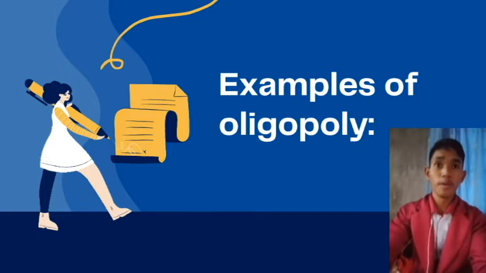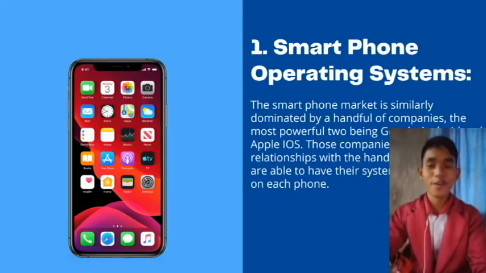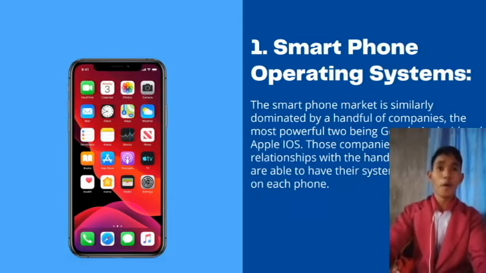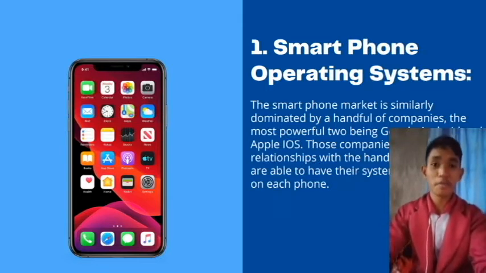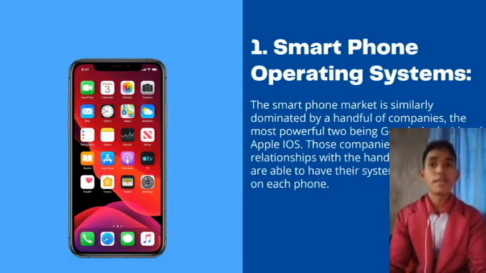And these are the examples of oligopoly. The first is smartphones and the operating systems of smartphones. So, makikita natin kahit iba-iba tayo ng cellphone like Android, iOS, or Microsoft, meron din diyan, sa Microsoft, sa Android, may Google Play Store, may camera, 'di ba? Ganoon din sa iPhone.